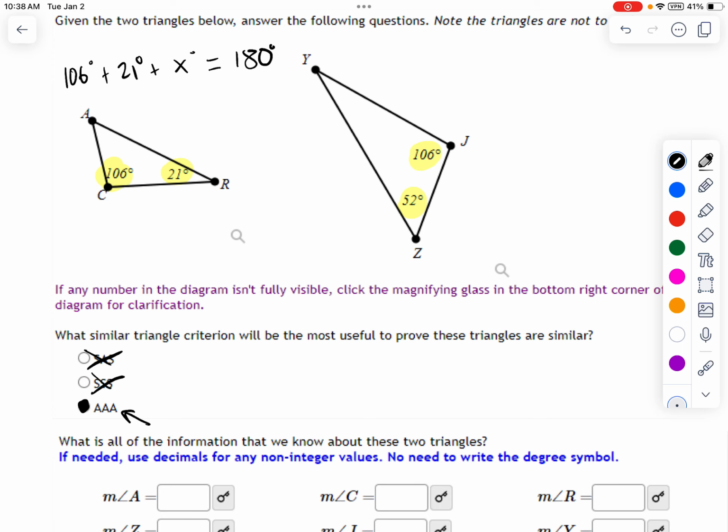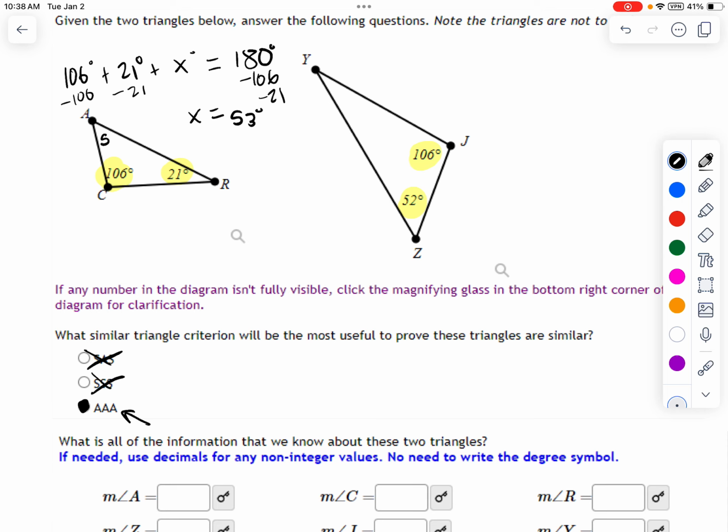Alright, so essentially, we know that all three angles added together equal 180. So just subtract your 106 and your 21, and that will find you your missing angle. So our missing angle will be 180 minus 106 minus 21, and we should end up at 53 degrees.